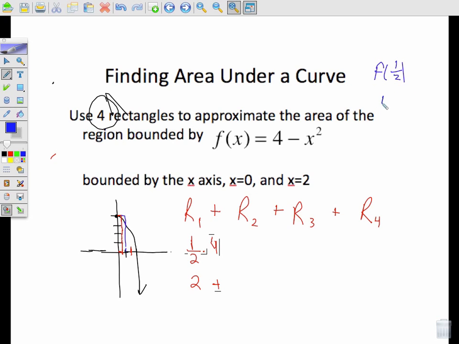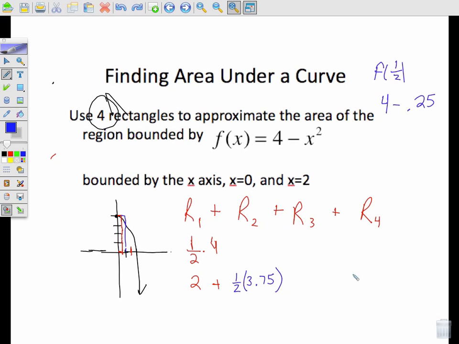If I evaluate that at 1/2, that's 4 minus 0.25, so 3.75. So my length is 1/2 and my height is 3.75.